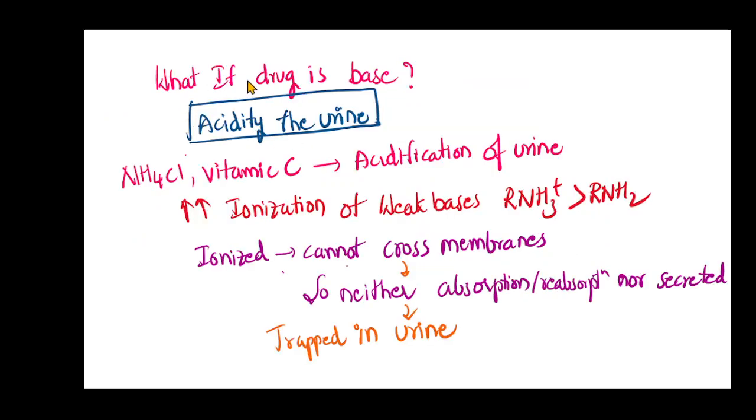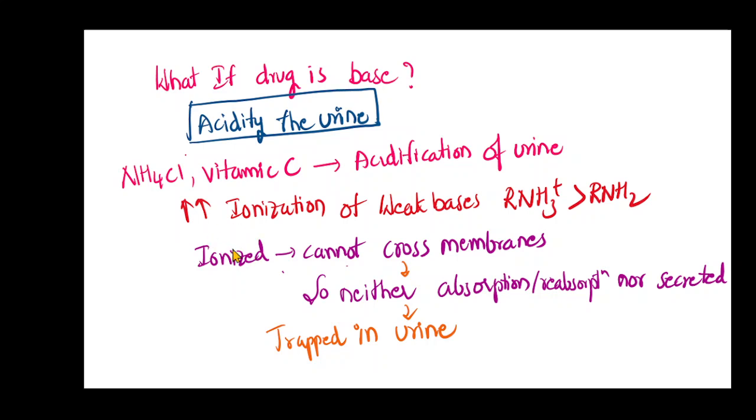Okay, sir, you discussed about base. Why can't we acidify urine? So when should we acidify urine? For example, in weak base toxicity, when we have to use vitamin C or NH4Cl. Let's discuss now.